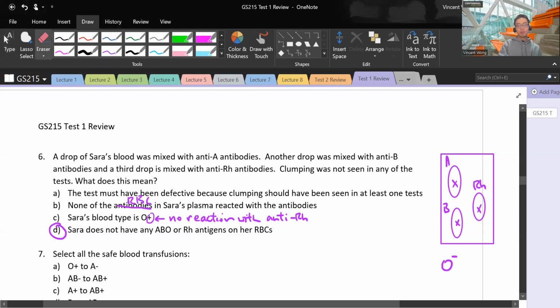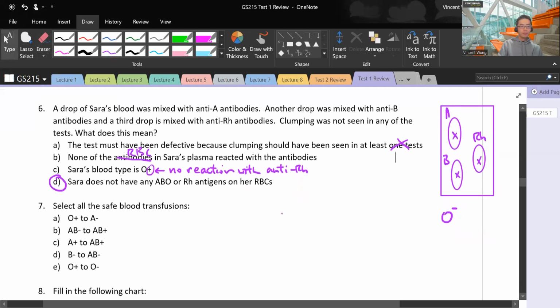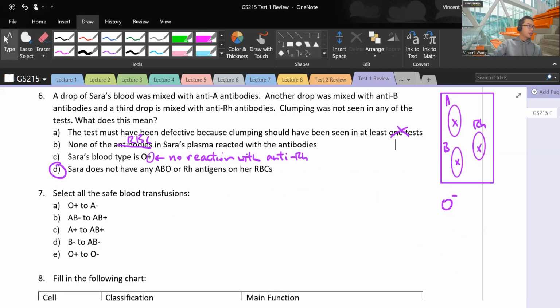So her antibodies would have nothing to do with this test. The test must be defective because clumping should be seen in at least one of the tests. That's not true. You can have absolutely no clumping at all, and that would just mean that you're O negative. All right, let's try the next one, multi-select.